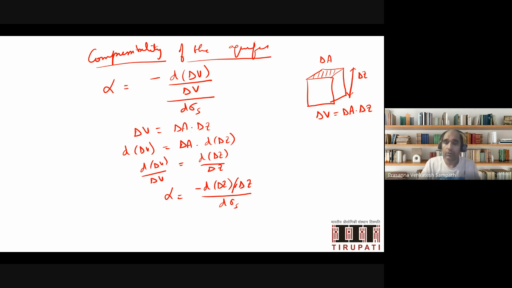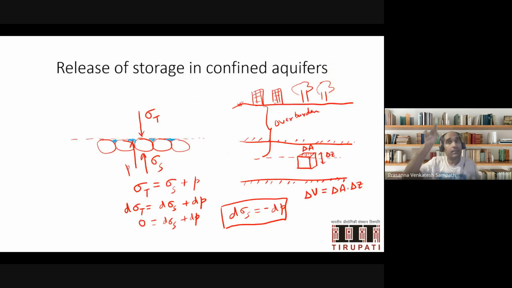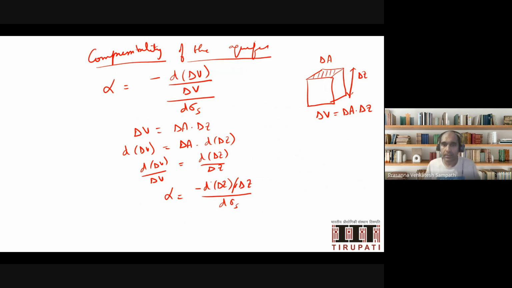And of course, if you go back one more slide, you remember that d sigma S is actually minus dp. So if I replace this d sigma S with minus dp, I eliminate that negative sign. So I will get d delta Z divided by delta Z equal to alpha times dp. Okay, so this becomes an important equation for us. Just keep this in mind. So d delta Z divided by delta Z is equal to alpha times dp.